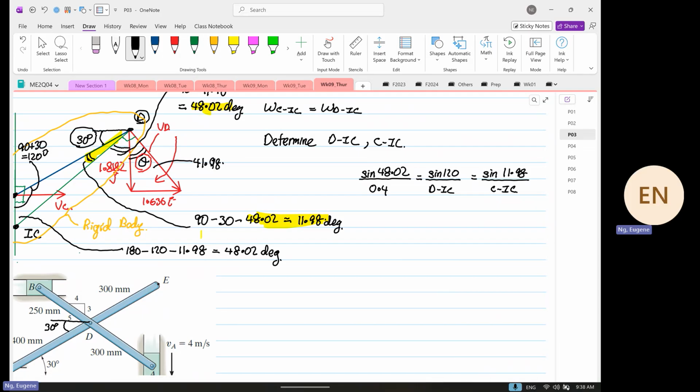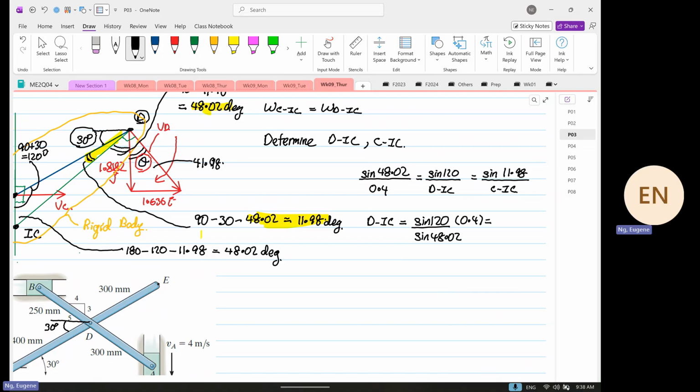So from here, we know that D to IC will be equal to sine 120 divided by sine 48.02 multiplied by 0.4.